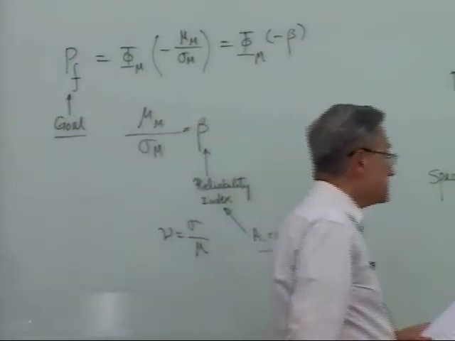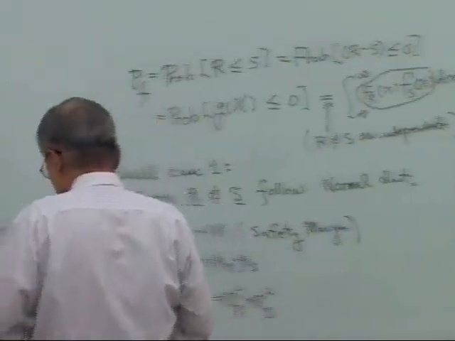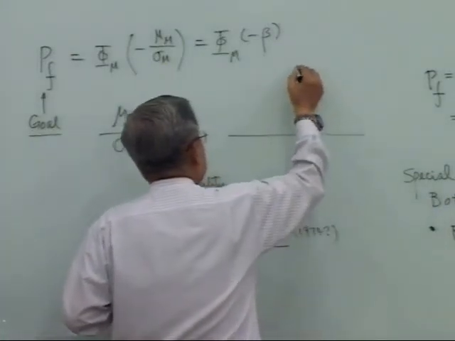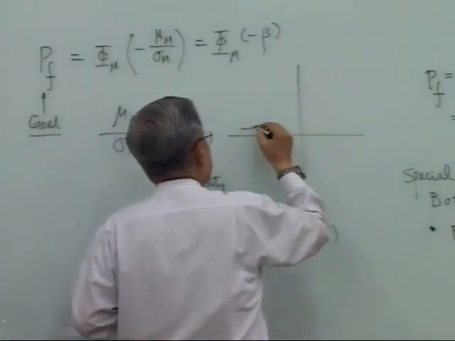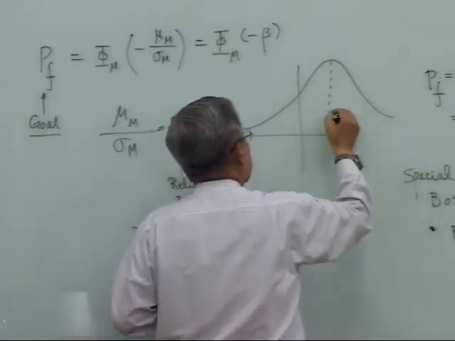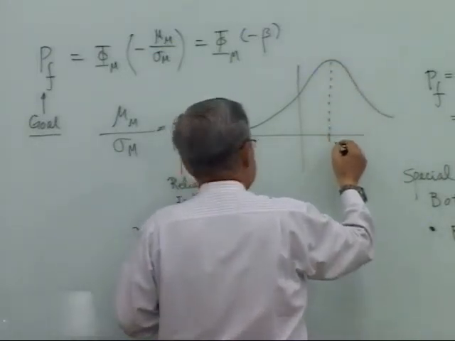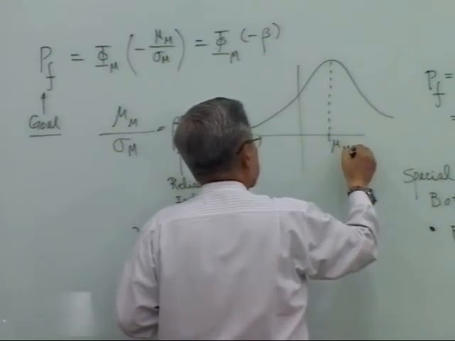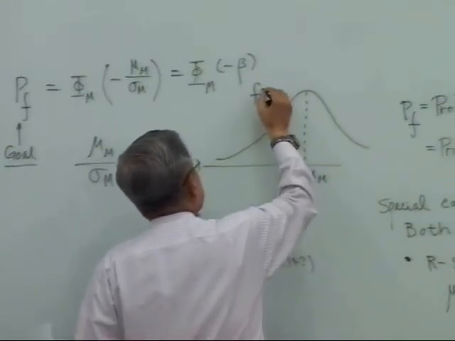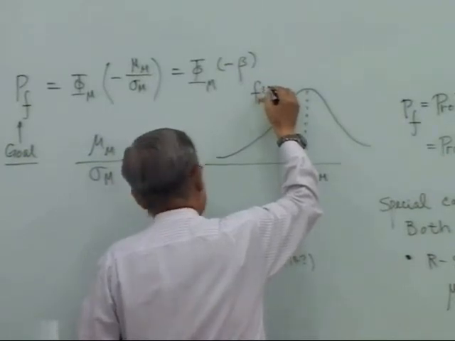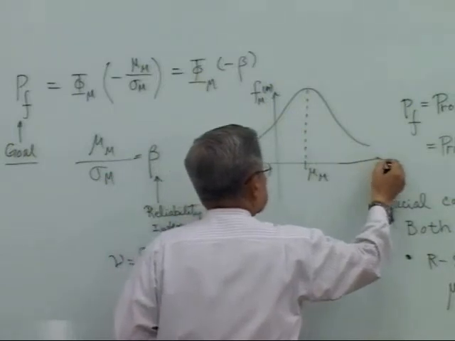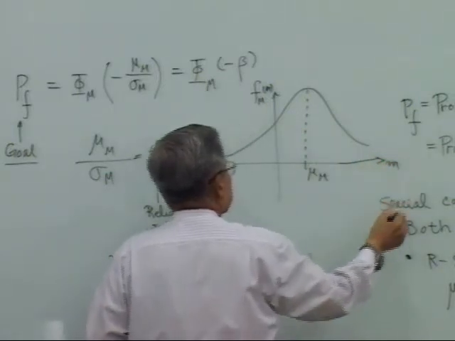So if I draw again, this is mu m. This is f m, and this is m.